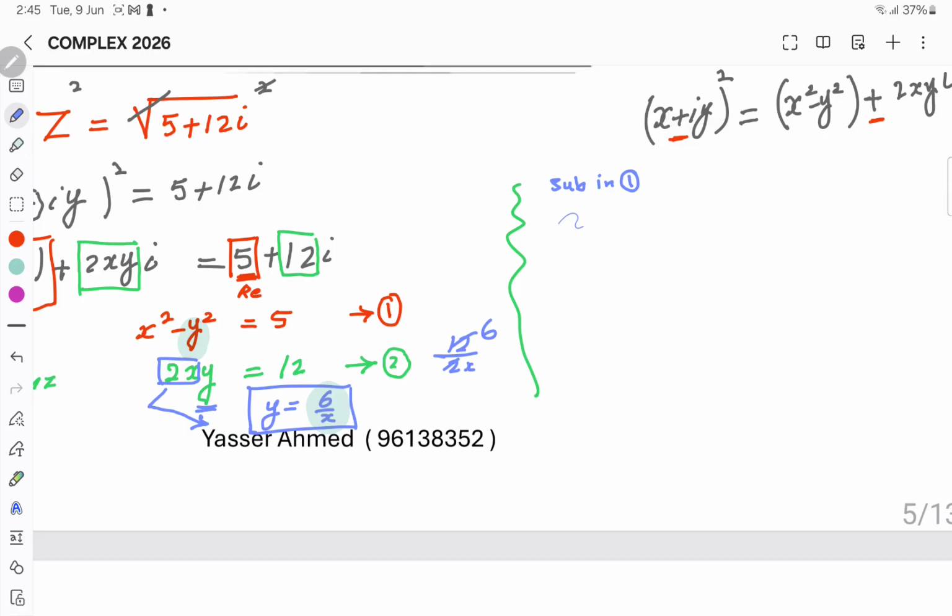It will be x squared minus y squared, but y equals 6 over x, and all of that is equal to 5. Now I have an equation in only one variable, x. Distributing the square over the division, 6 squared is 36 over x squared, all equal to 5.